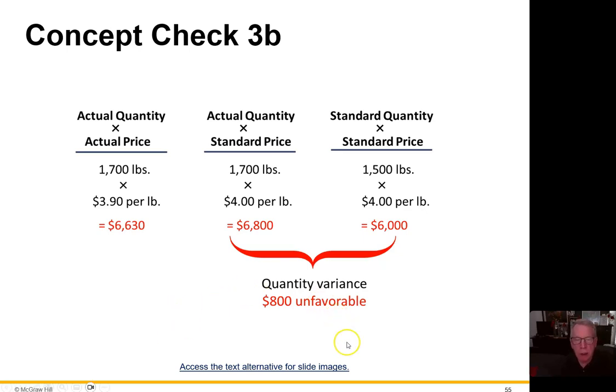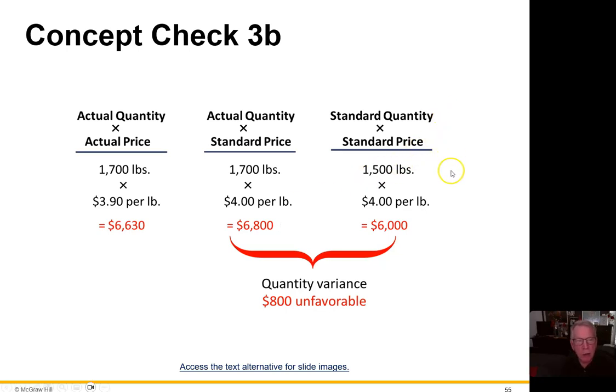Now, if we do it a little more graphically, which I think is easier to understand, here we have actual quantity and actual price. We back into the actual price by dividing the 6,630 by 1,700 pounds, and that gives me $3.90 per pound. Now the actual quantity, 1,700 pounds, same as here, times the $4 standard price gives me $6,800 in the middle.